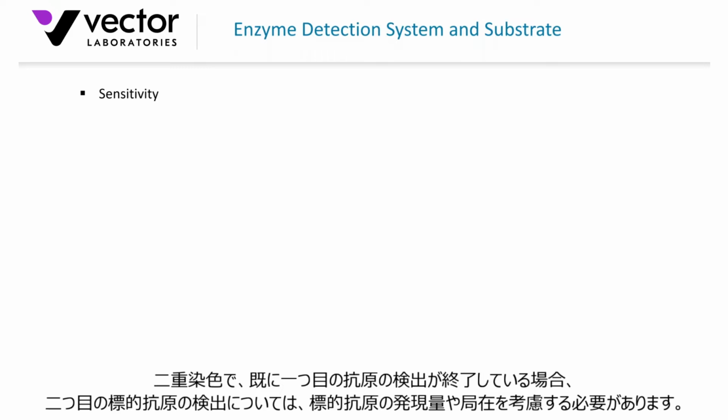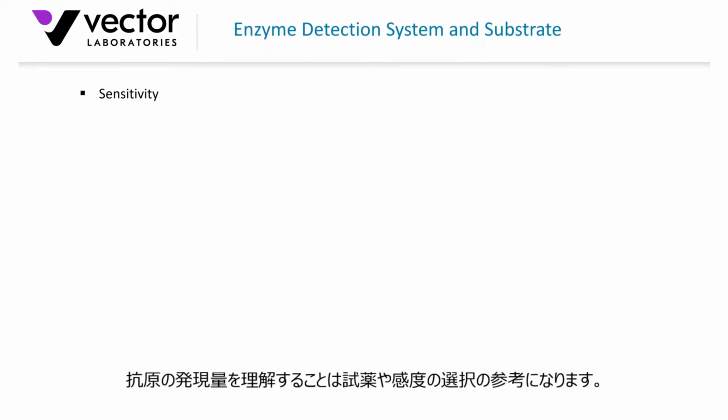I'm here assuming that you have in place already a first label staining, but you just can't throw down a second primary antibody without due consideration of where that second antigen might be expressed, or indeed the level of expression. And knowing the degree of sensitivity there will help dictate the choice of detection reagents.